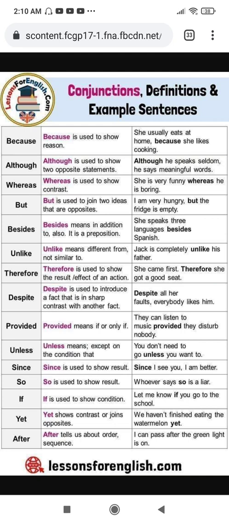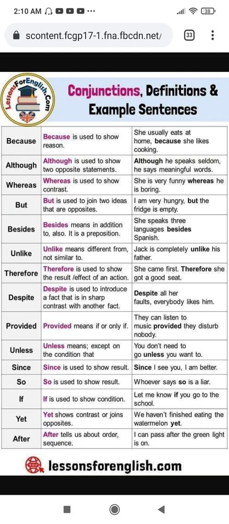These are Bengali words used for yet. This also shows contrast or joins opposite ideas. We haven't finished eating the watermelon yet. In Bangla we can translate this in this way.